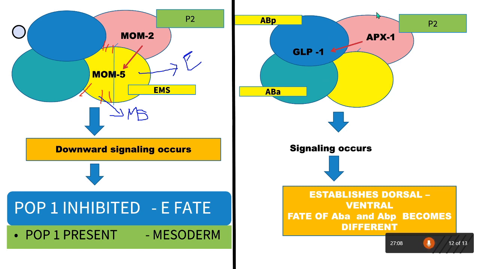Before the interaction with P2 occurs, ABA and ABP are equivalent. That means if their positions are displaced, the normal embryo will still be the product because they are equipotent to do the function. But when P2 interacts with the ABP, the differentiation in fate or function occurs.